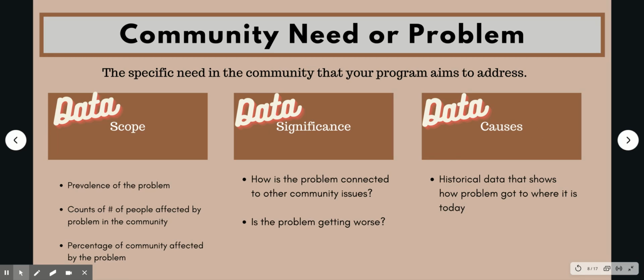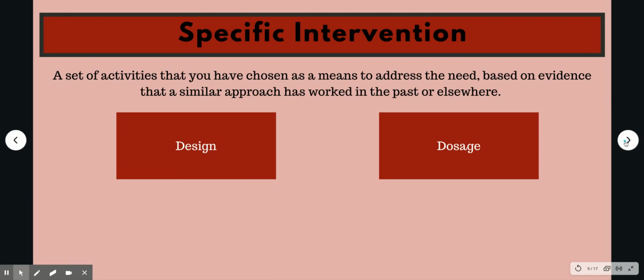So let's talk about specific interventions. A specific intervention is a set of activities that you have chosen to address a need. And this is based on evidence that a similar approach worked in the past or elsewhere. We'll talk more about evidence later in this micro lecture. There are two main components of the intervention that should be addressed in a theory of change.